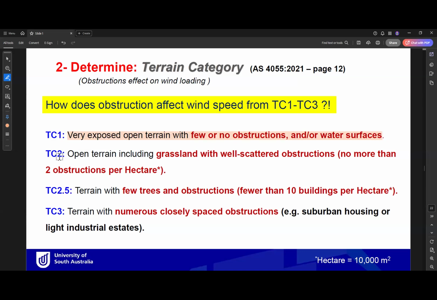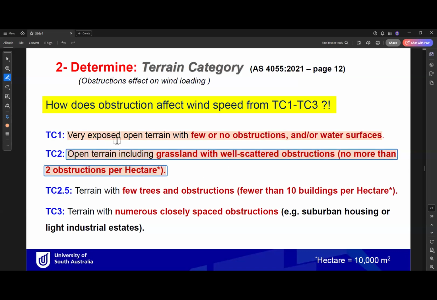TC2, or terrain category number 2, is for open terrain, including grassland with scattered obstructions, no more than 2 per hectare.